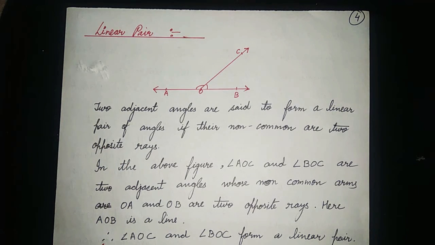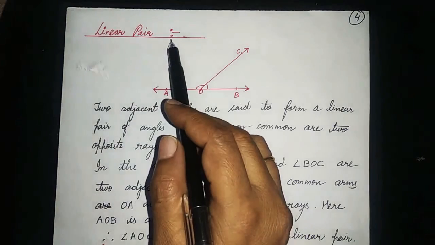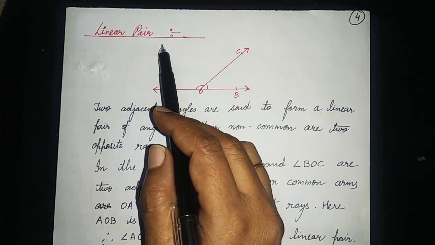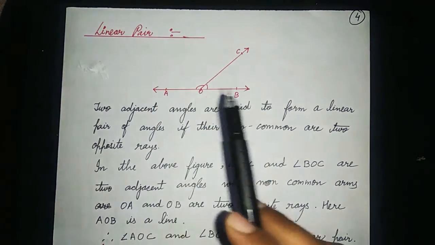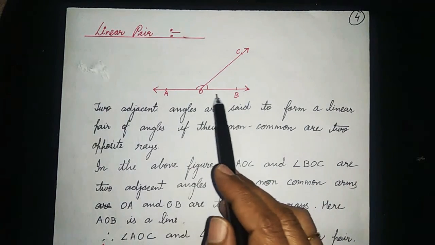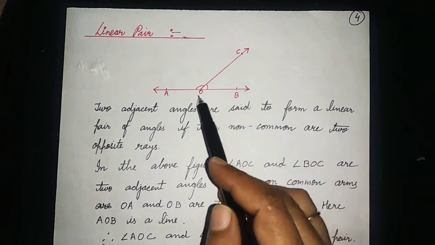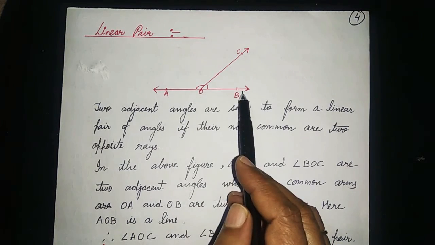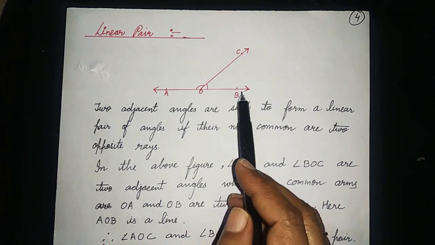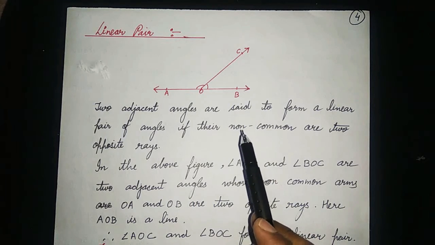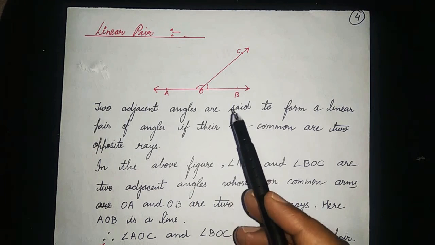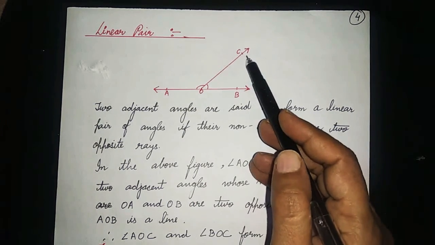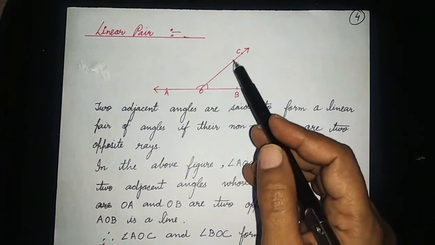Now students, see linear pair. Now I will tell you about linear pair. A linear pair is a pair of adjacent angles whose non-common sides are opposite rays. Here in this figure you can see angle AOC and angle BOC.